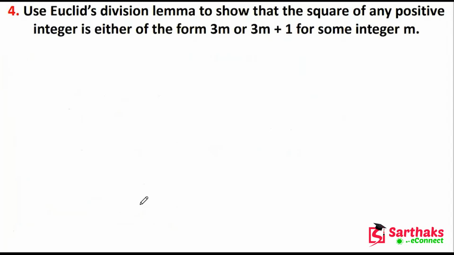Use Euclid's division lemma to show that the square of any positive integer is either of the form 3m or 3m plus 1 for some integer m. Okay, to solve this question, first of all, let x be any positive integer.